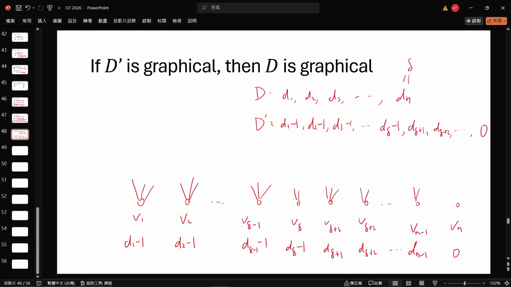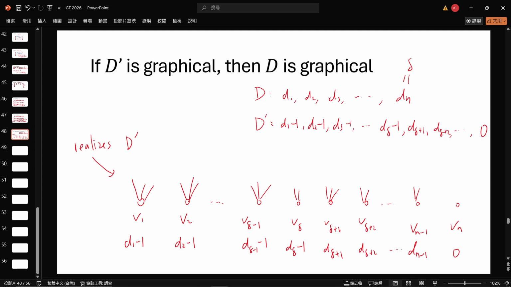So this is a graph that realizes D prime. We get this assumption because D prime is graphical. Therefore, we have a graph that can realize D prime.